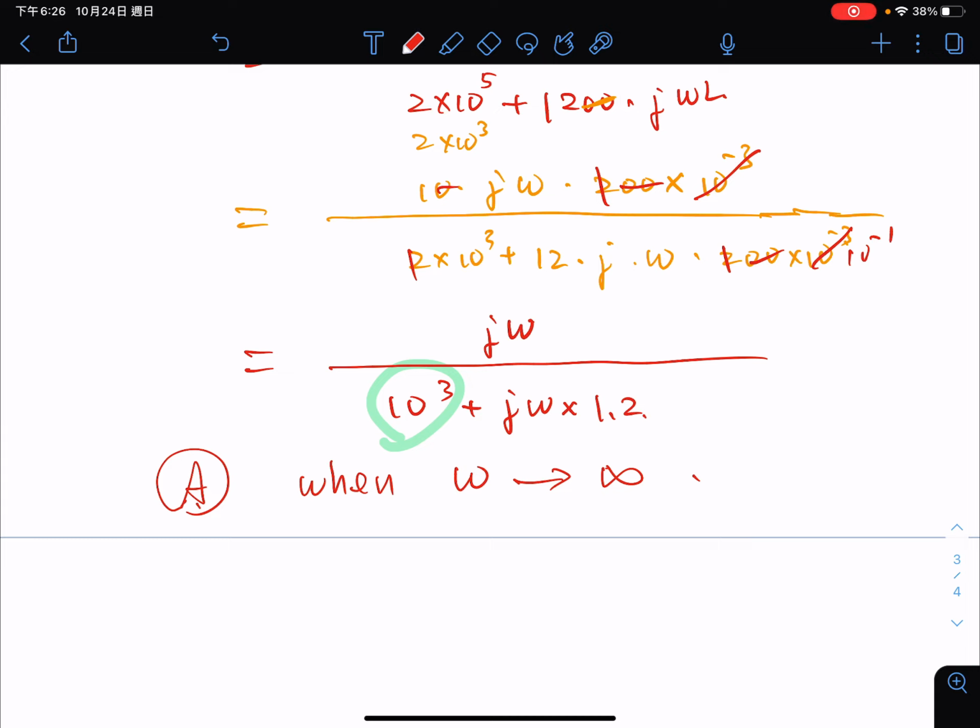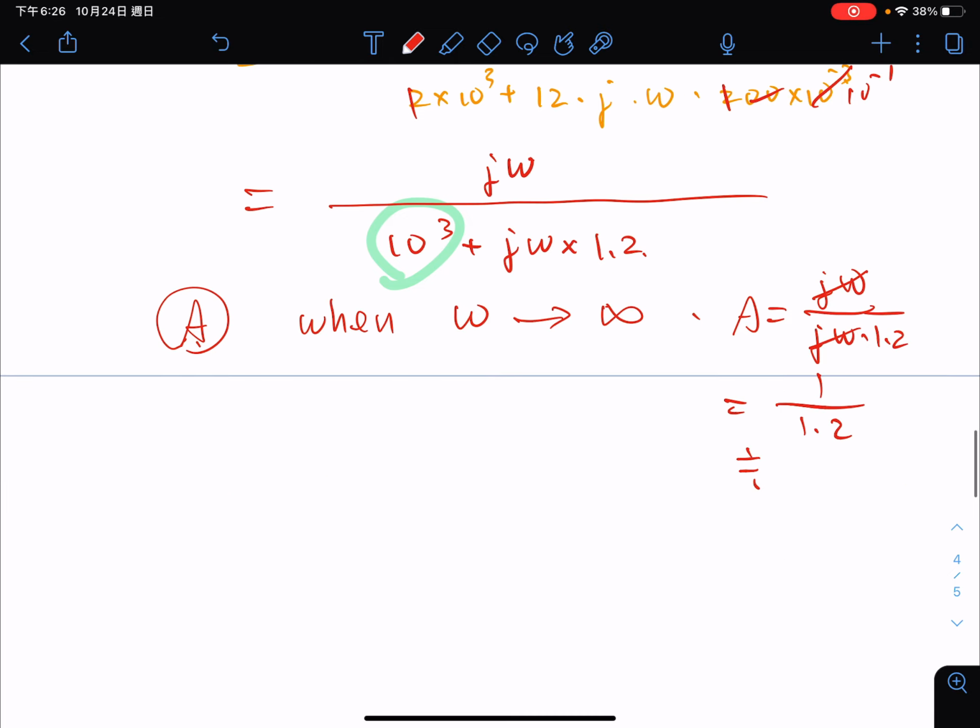So when omega goes to infinity, we have the gain that will be j omega over j omega times 1.2, which will be approximately, how much is that? It will be about 0.8. Okay.